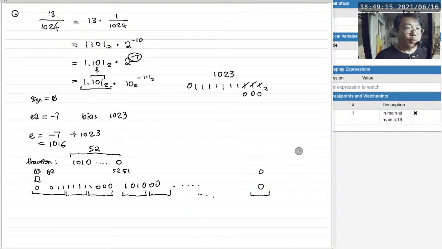Okay. Once you have grouped the bits in chunks of 4, each group of 4 bits corresponds to 1 digit in base 16, which is hexadecimal. So this is 3, this is F, this is 8, this one is A, and then the rest are zeros.